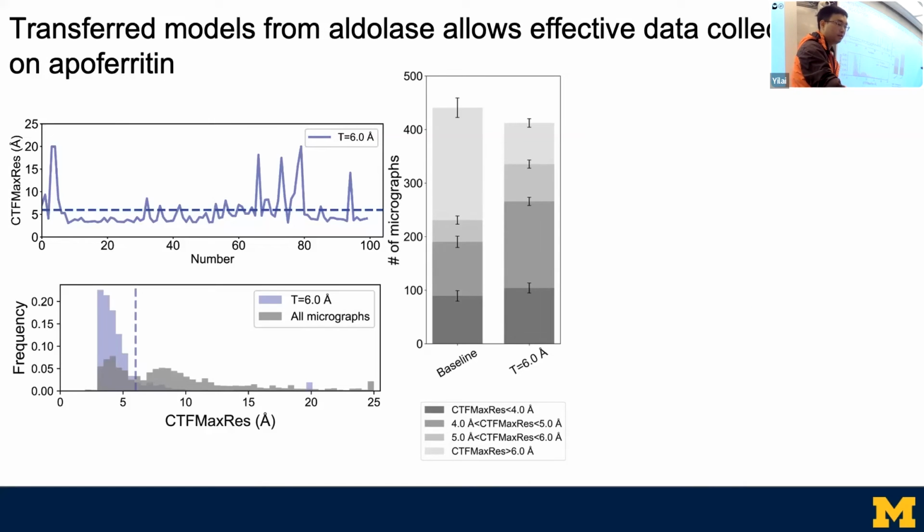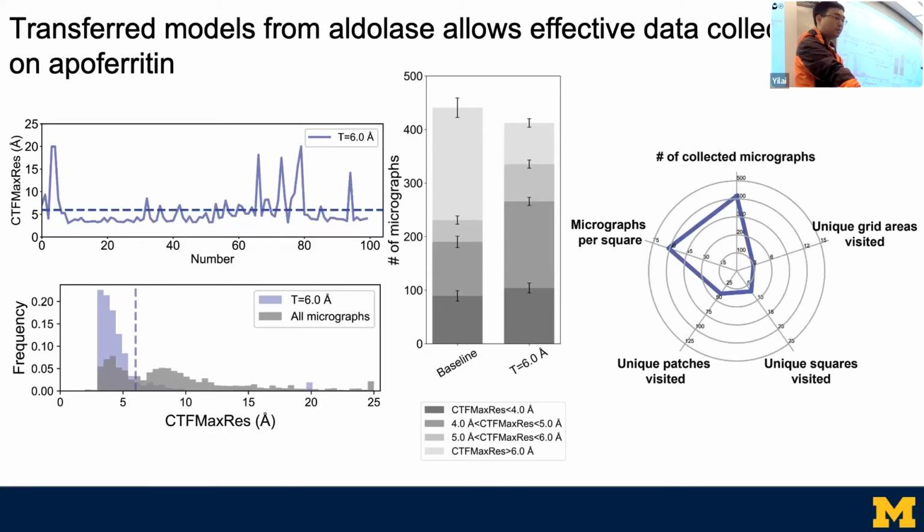Also shown here is that when compared to the naive baseline, cryo-RL is able to collect more efficiently, with a much higher number of micrographs with good quality compared to the baseline. And we also observe similar patterns from the behavior plots, where a lower t value will encourage the policy to explore more areas across the grid and result in collecting fewer micrographs in total.